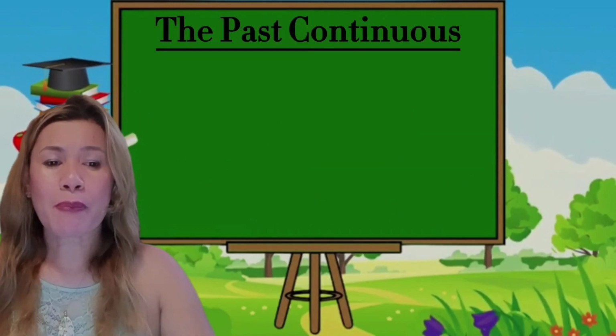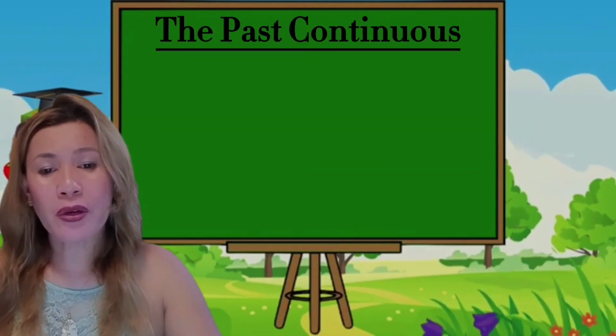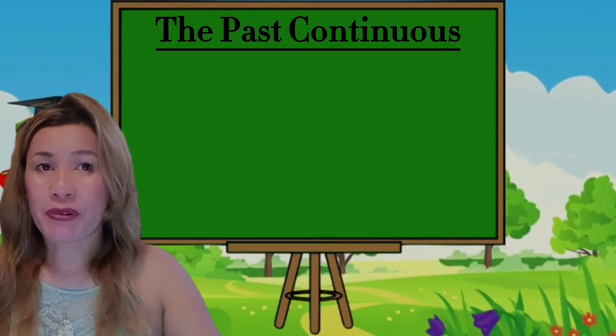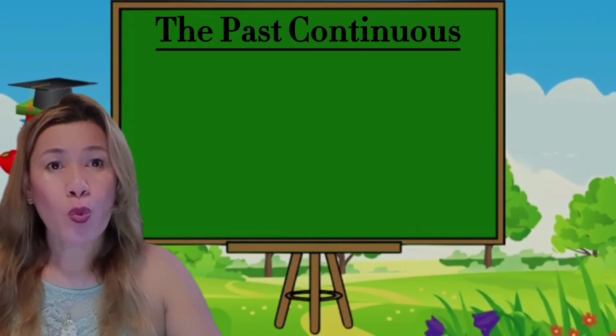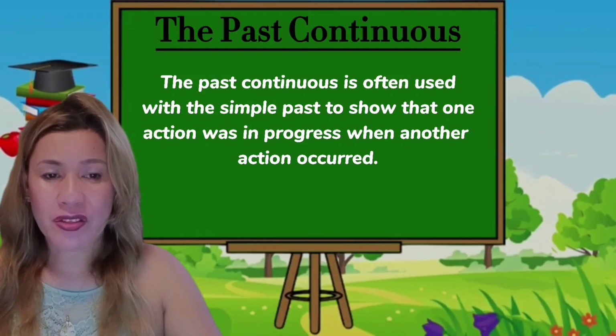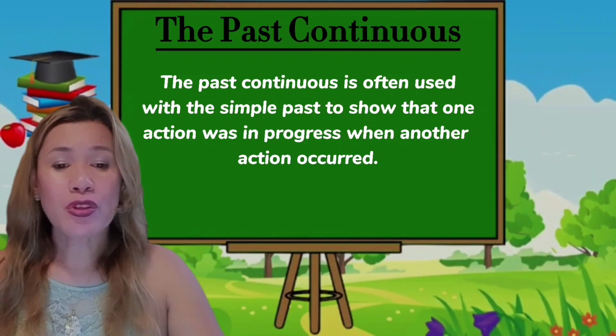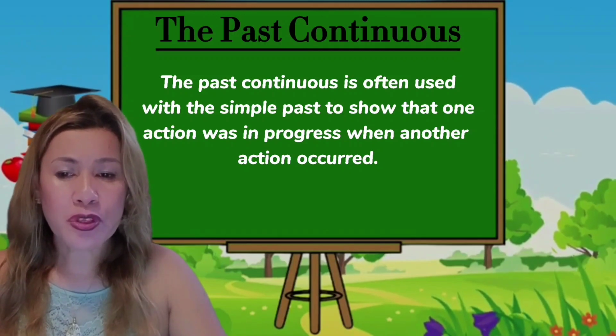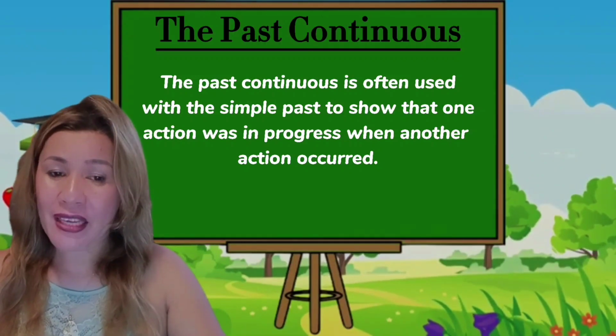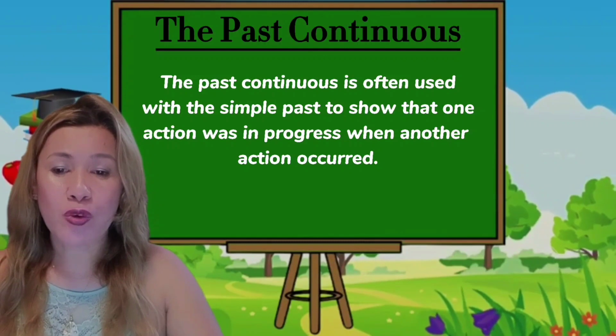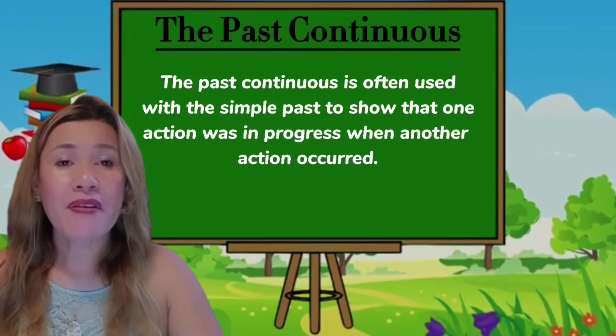Now we come to the past continuous, or we can also call it the past progressive form. So when do we use the past continuous or the past progressive? The past continuous is often used with the simple past to show that one action was in progress when another action occurred.